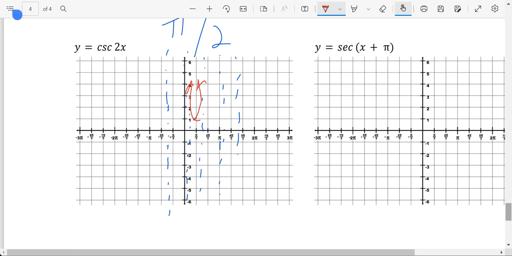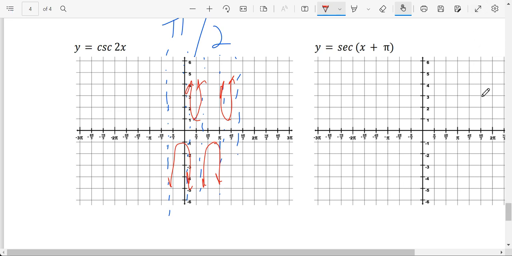And then down here. And then over here. All the original x values, just divide them by 2. And there's a couple periods of your graph.